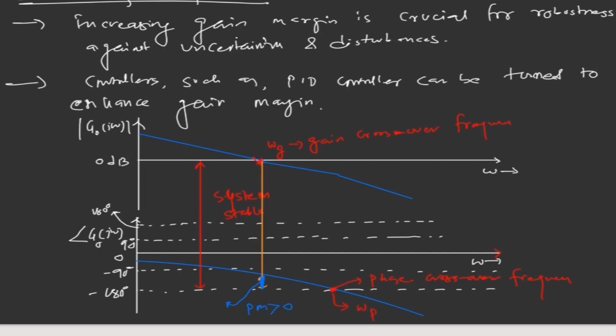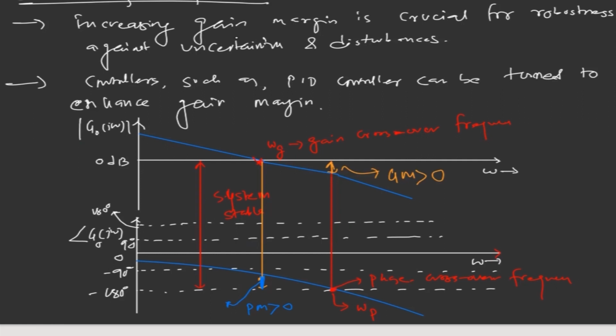To find the gain margin, we start from the phase crossover frequency and draw a straight line to 0 dB. This part is the gain margin, also a positive value.